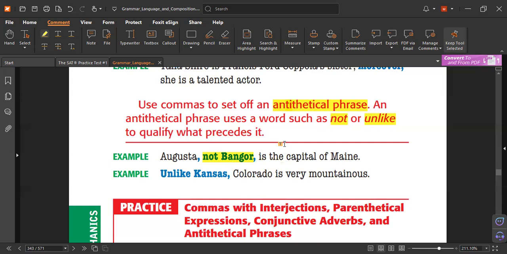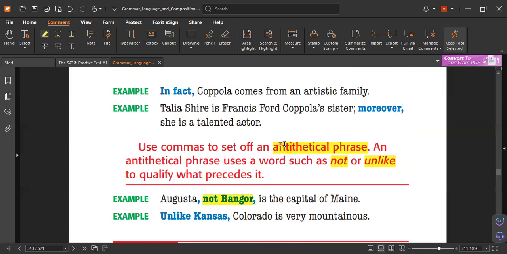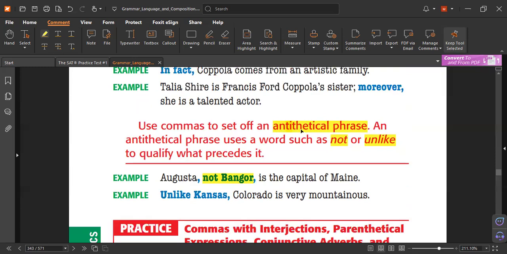Be careful. Do you remember the point of non-essential expressions? Yes, it doesn't affect the meaning; we can use two commas or no commas. It depends on the meaning. But as for the antithetical phrase, we must use commas. So this comma is necessary, not optional.